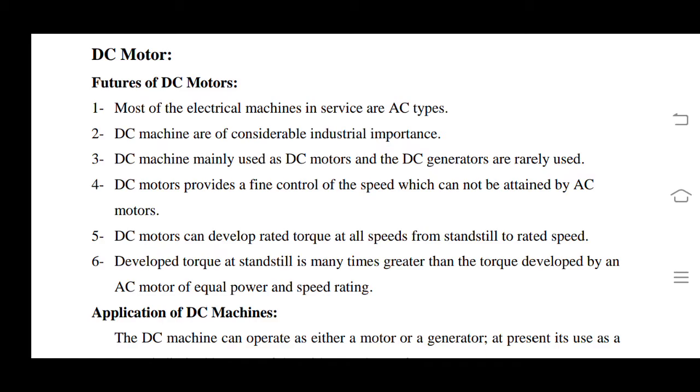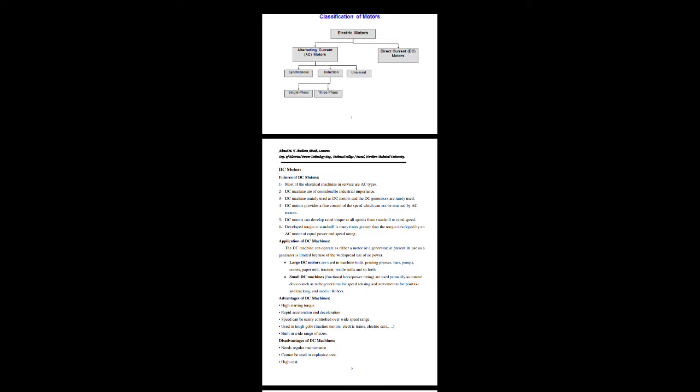So mostly we go for AC machines, because AC supply is generated, and worldwide the power generated by the generators in the power plants is mostly AC power.